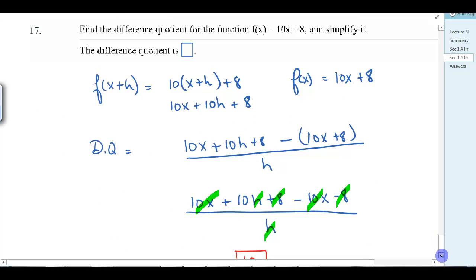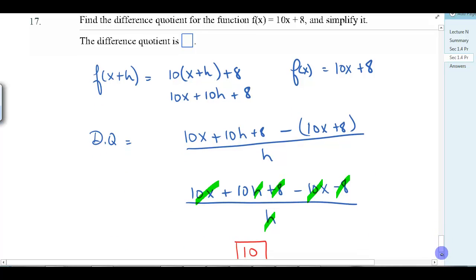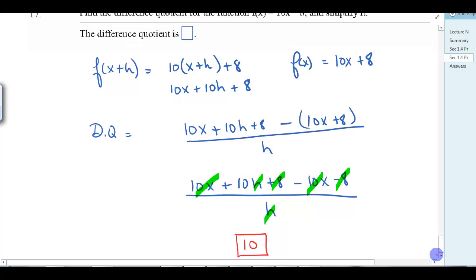So you've got that on the lecture notes. But if you needed to see it again, there it is worked out, where you have the f of x plus h, which is this one, and you have the f of x, and you are subtracting that from the f of x plus h, and then canceling out the parts that do cancel. So I think that will get you going on section 1-4.